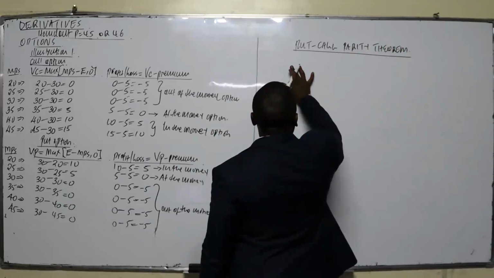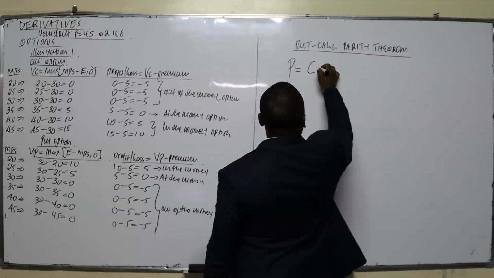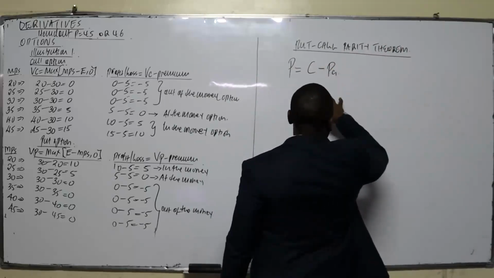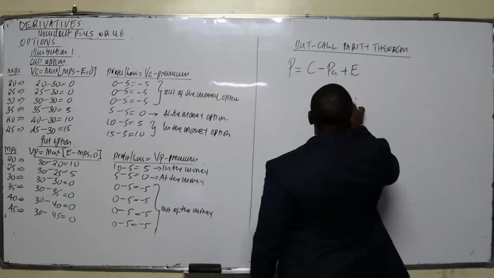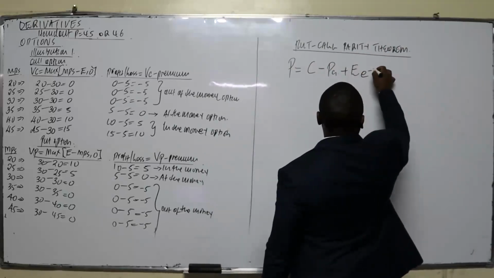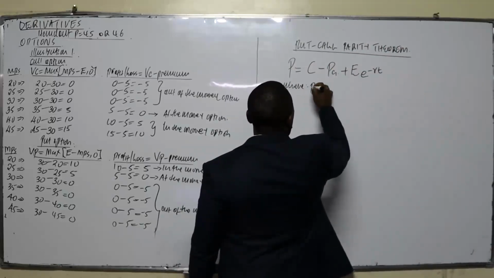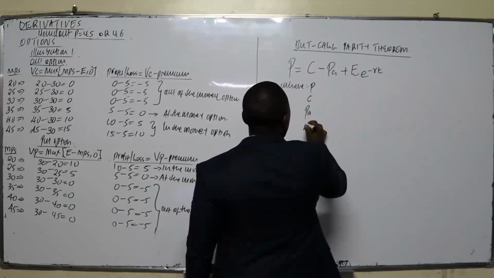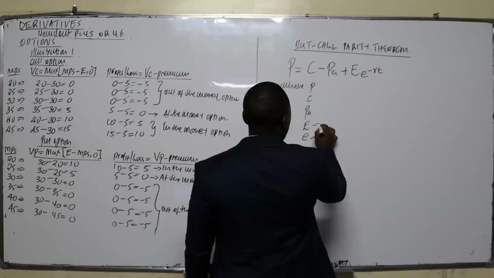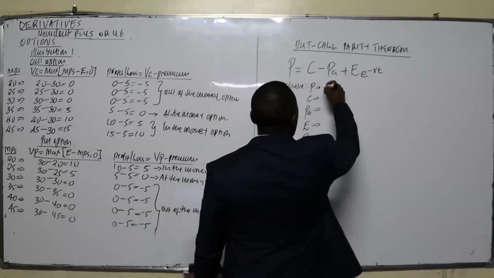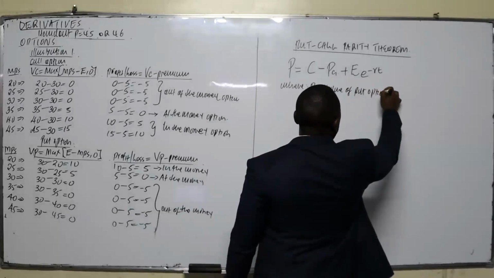According to the put call parity theorem, to get the value of the put, you take the value of the call minus the market price per share denoted by P, plus the exercise price denoted by E, raised to the power negative RT, where: what's P, what's C, what's E, what's R, what is T. Now this is the value of the put option.